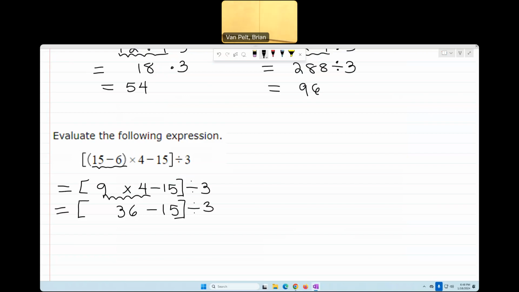Remember, brackets are the same as parentheses. Am I finished with those brackets yet? Can I walk away from them? I've got one more thing to do inside of them. 36 minus 15 is what? 21. And make note, what did I do with those brackets?